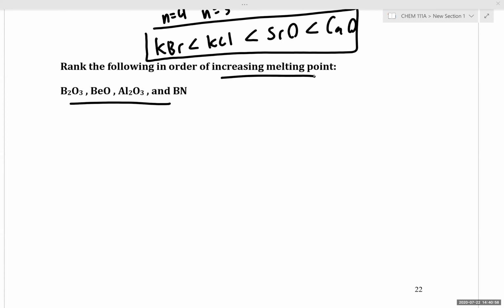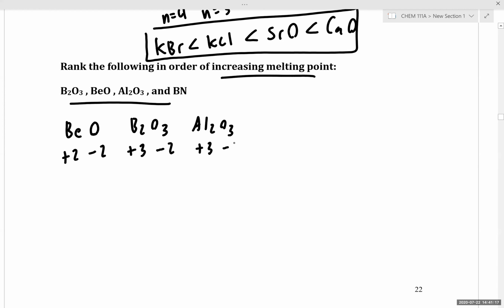So let's discuss this example. First things first, let's look at each of our ion pairs. We have beryllium oxide, which has +2 and -2. Boron oxide, which has +3 and -2. Aluminum oxide, which has +3 and -2. And boron nitride, which has +3 and -3.